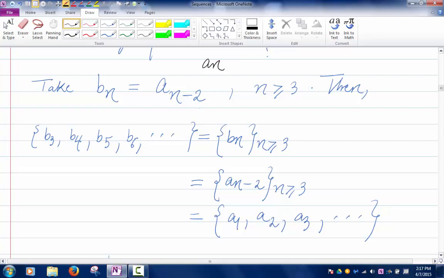When n is 3, what do I get? A1. When n is 4, I get A2. When n is 5, I get A3. Which means the sequence B3, B4, B5, B6, and so on is the same as the sequence A1, A2, A3, and so on, right? Am I making sense?